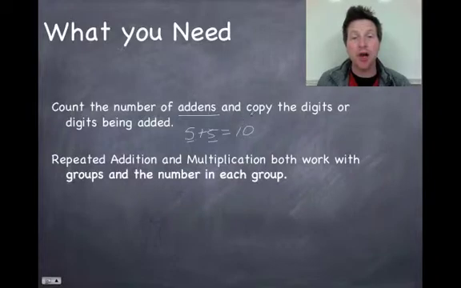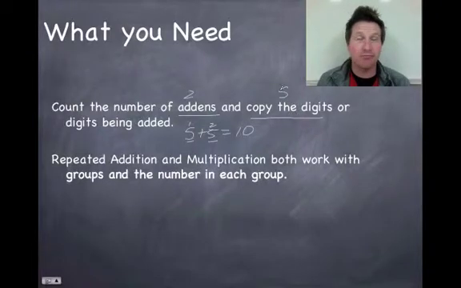And the second thing you need to know is how to copy the digit being added. So in this one, there are 2 add-ins, so we're counting the number of add-ins. The number of add-ins is 2, and the digit that is being added is 5. Simple as that. That's what you have to be able to do today.